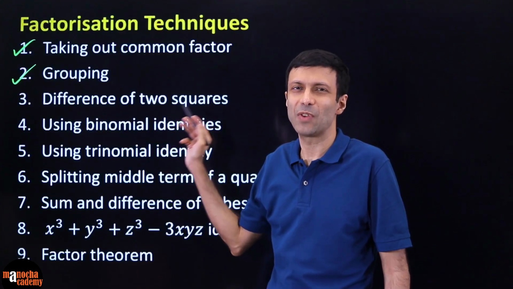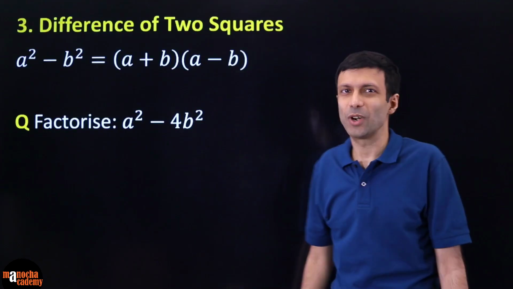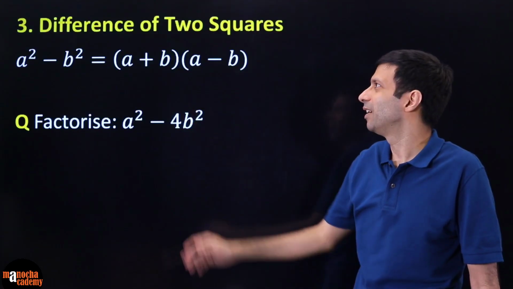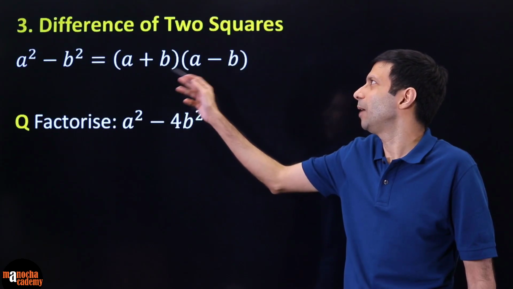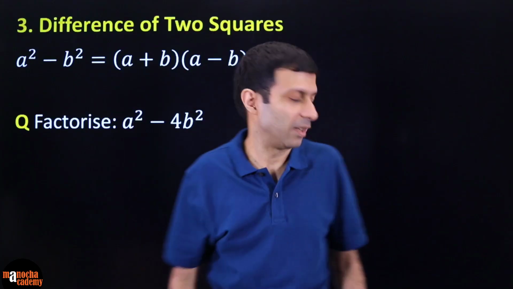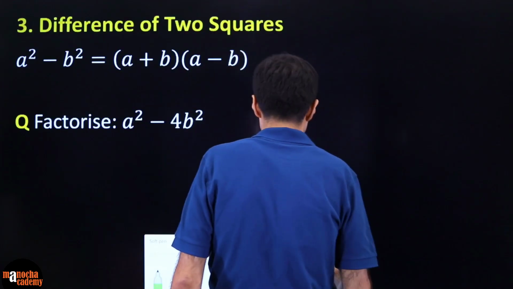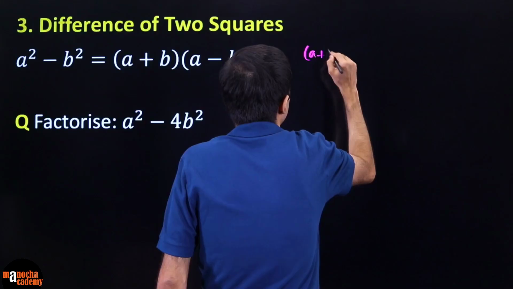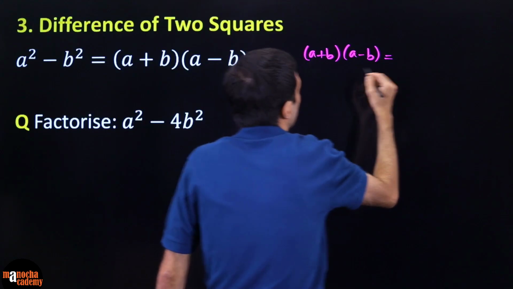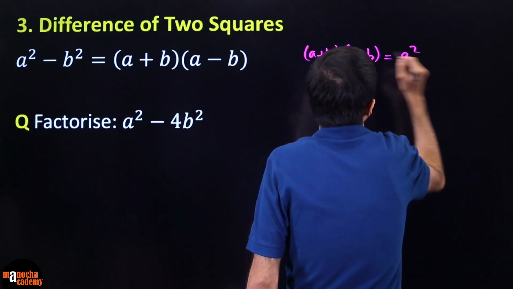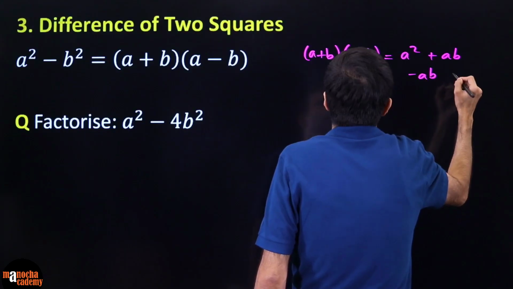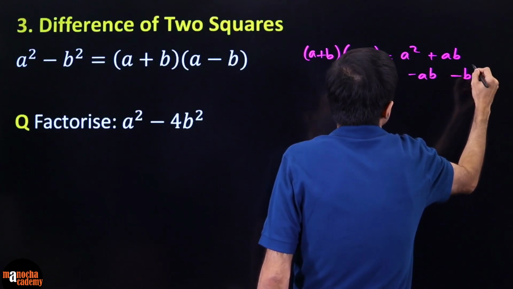This is a very famous one, very popular one. So what does this say? If you have an expression like a square minus b square, that can easily be factorized into a plus b times a minus b. And you guys can easily confirm this. If you do the product here, a plus b times a minus b, if you expand it out, it's going to be a square plus ab minus ab minus b square.